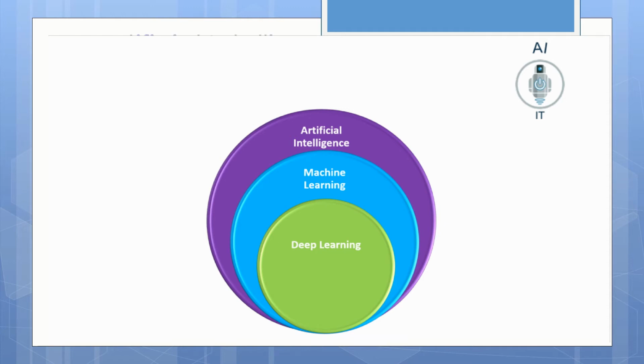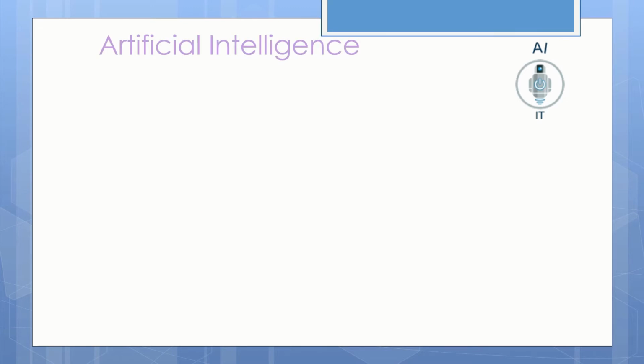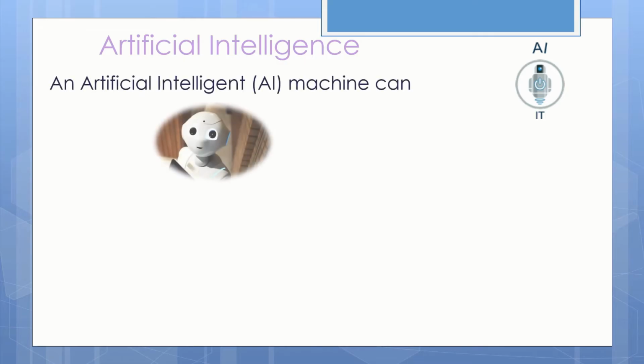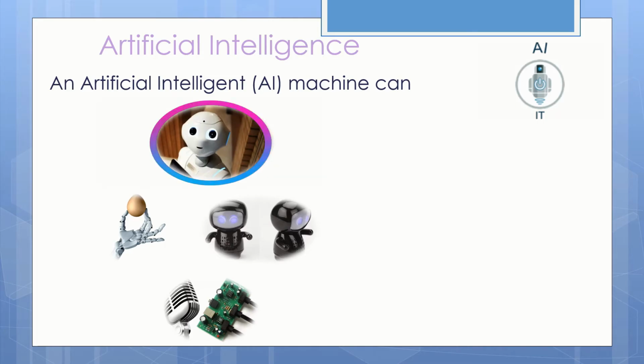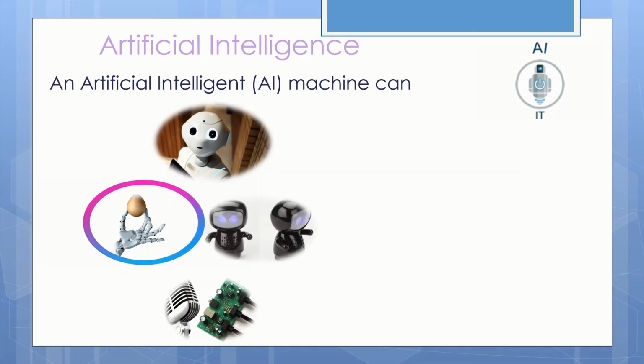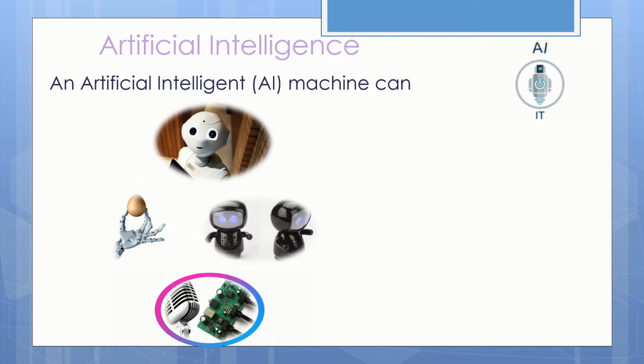Let us see. Now, when we say artificial intelligence, it refers to any technique that enables the computers to mimic human intelligence. It gives the ability to machines to recognize human face, move and manipulate objects, understand voice commands.